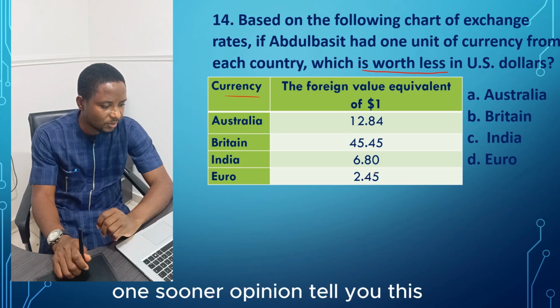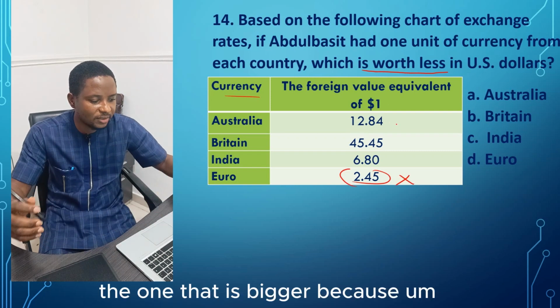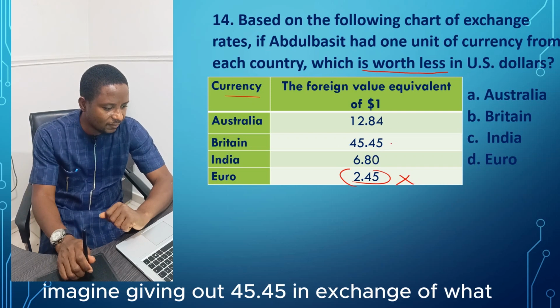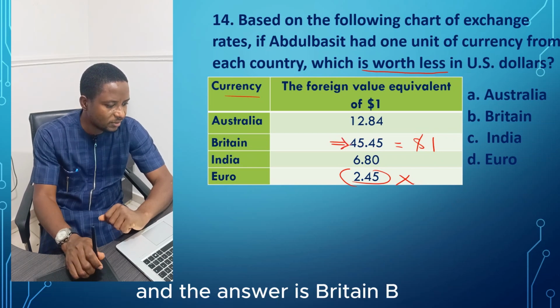Lots of students will pick the one that is bigger, because they think it is worth more. Imagine giving out 45.45 in exchange of $1. That means this money is worth less. And the answer is Britain.